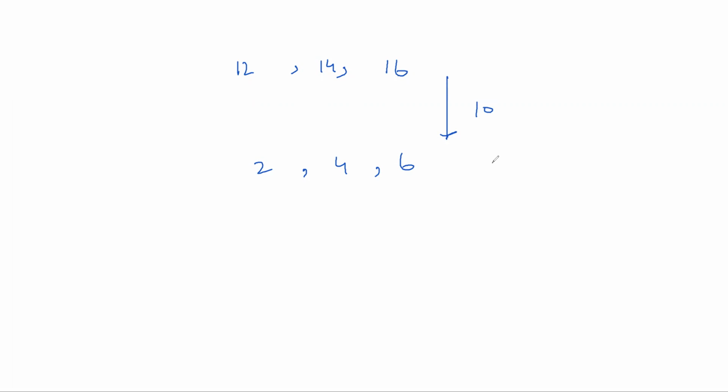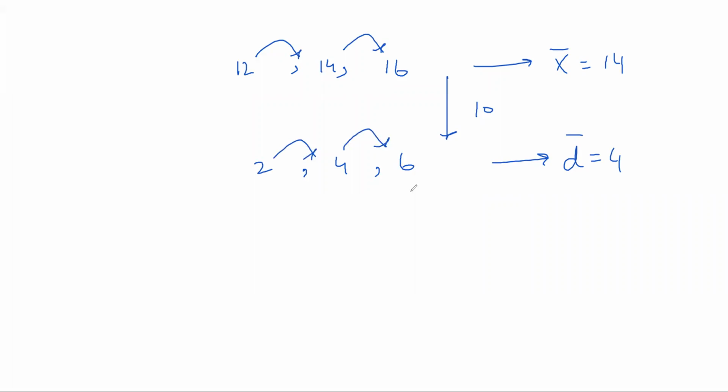So if the mean over here is 4, the mean over here is going to be 14. What do you think? Would there be any difference between their standard deviations? Look at the difference between these observations here. Isn't it the same? Yes, sir.